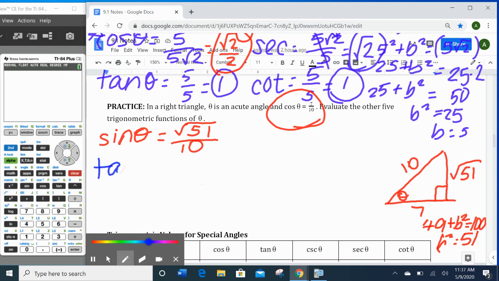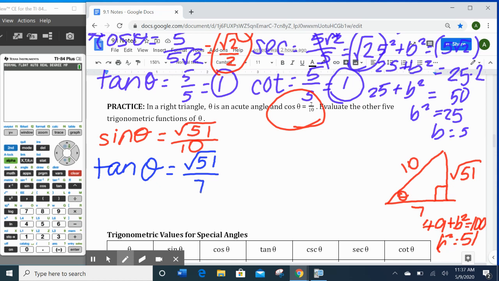So the tangent of theta is opposite over adjacent, which is root 51 over 7. The cosecant is the reciprocal of sine, or hypotenuse over opposite, which is 10 over root 51, which I am going to simplify. I'm just going to come back to it.